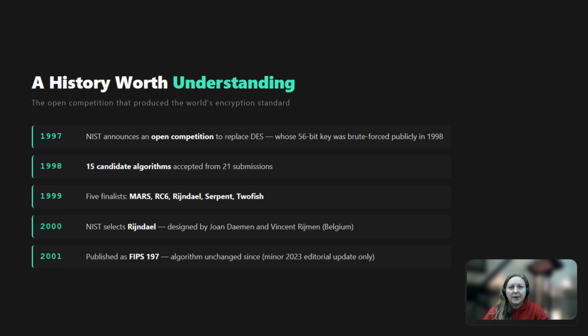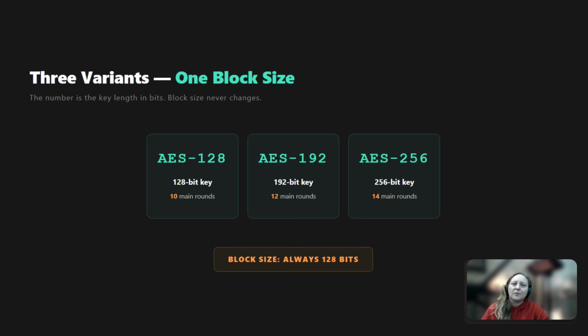In October 2000, NIST selected Rijndael, designed by 2 Belgian cryptographers, Joan Daemen and Vincent Rijmen. AES was published as Federal Information Processing Standard 197 in November 2001. The standard received a minor editorial update in 2023, but the algorithm has not changed since.